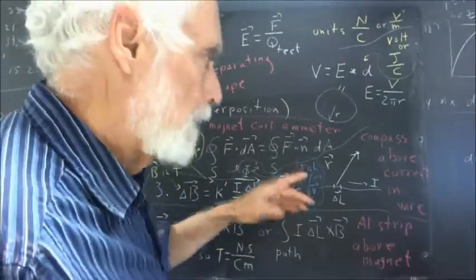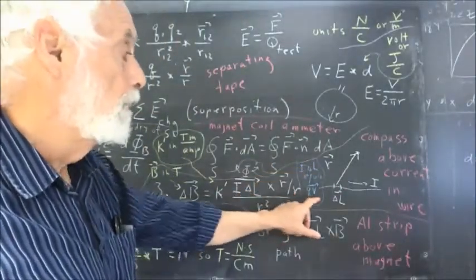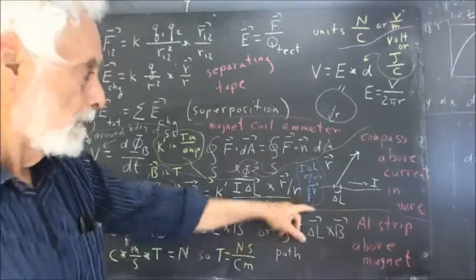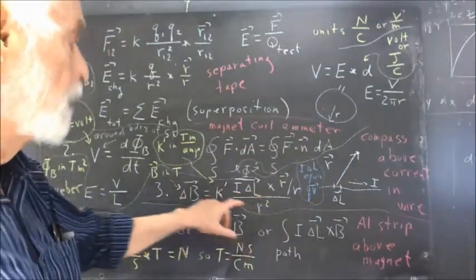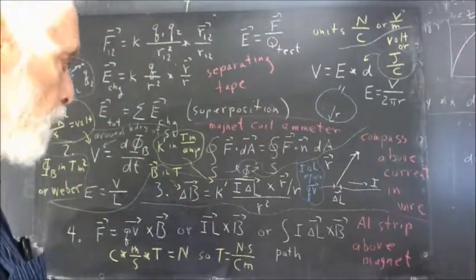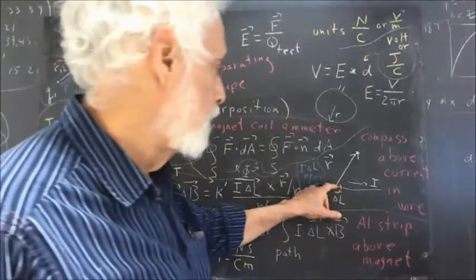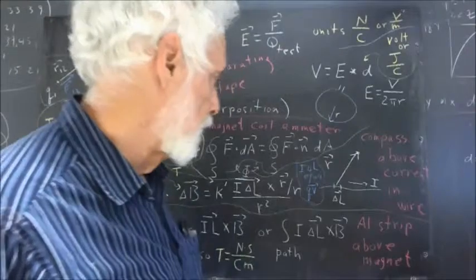So if we have just a single charge, we can replace the I delta L here with QV. Now, I'm not going to elaborate on that, but we could put a QV in here and have the formula for the contribution to the magnetic field of a charge passing a given point with a velocity in a given direction.